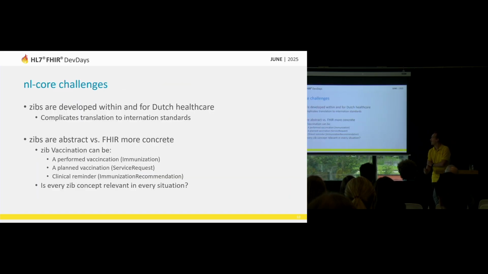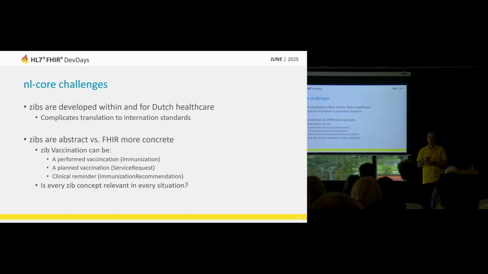Some challenges that we encounter with making the profiles is that the zips already started before FHIR, and they were really developed with the Dutch healthcare in mind, and also with the Dutch healthcare. That makes it very hard to map it to an international standard. So a lot of things don't fit really well. An example here is that zips are most times very abstract, while FHIR is more concrete.